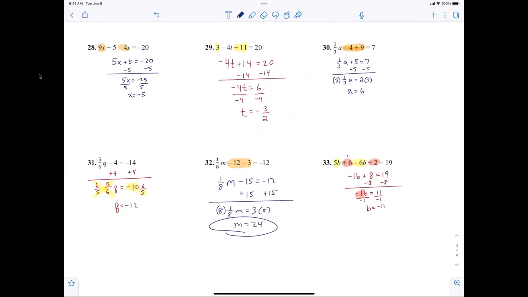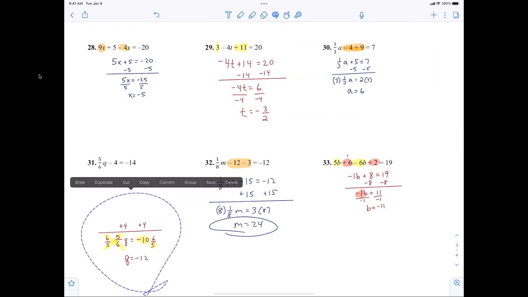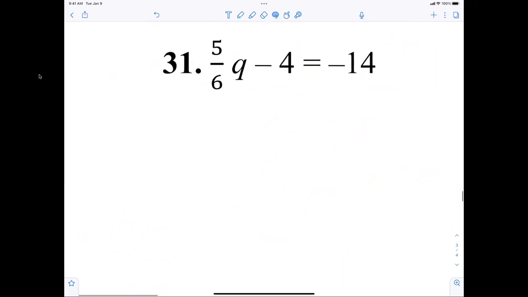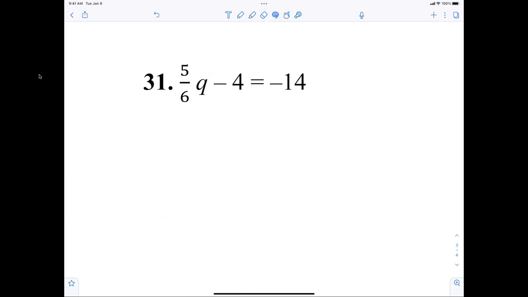Ryan, because you didn't do one, everyone's working on 31 right now. 5/16 q minus 4 equals negative 14. So what do I do? So that's a negative 4, so to get rid of that, you'd add positive 4 to both sides. Yes, sir.